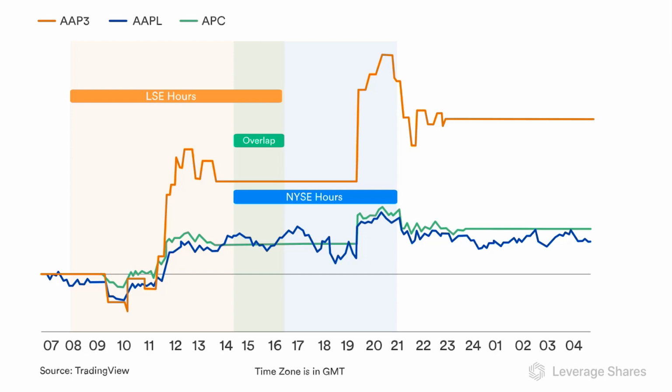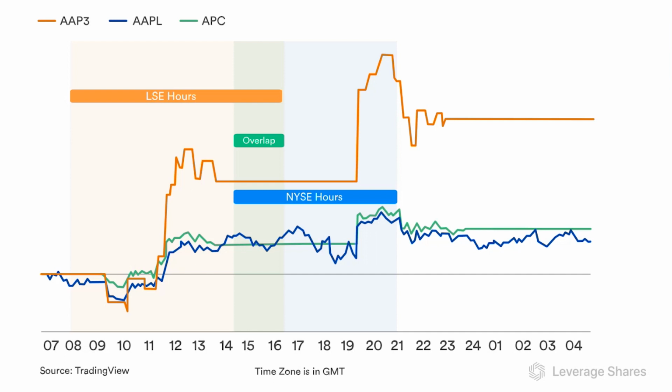So how can an investor ensure that Leverage Shares ETPs move in tandem with the US stocks they aim to track? That's one of the questions we get asked pretty often. During the trading hours of the London Stock Exchange, by checking that the ETP moves in lockstep with the corresponding GDR.